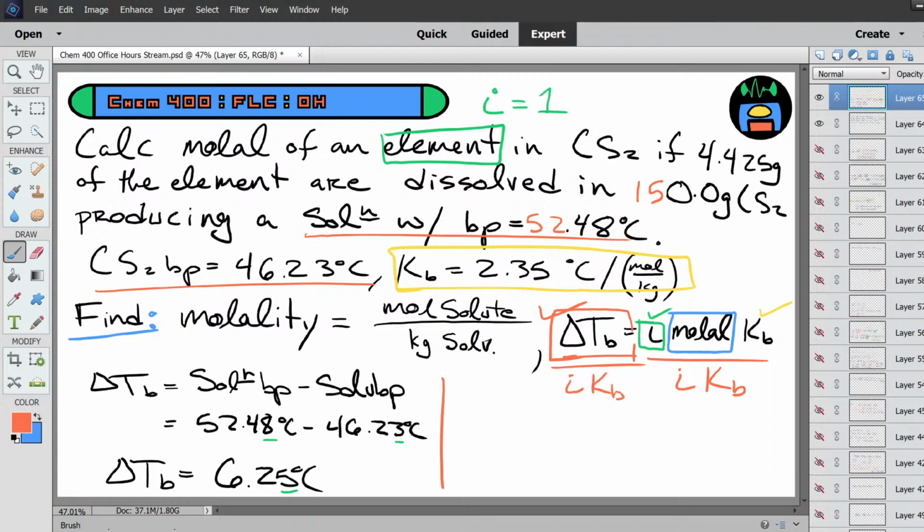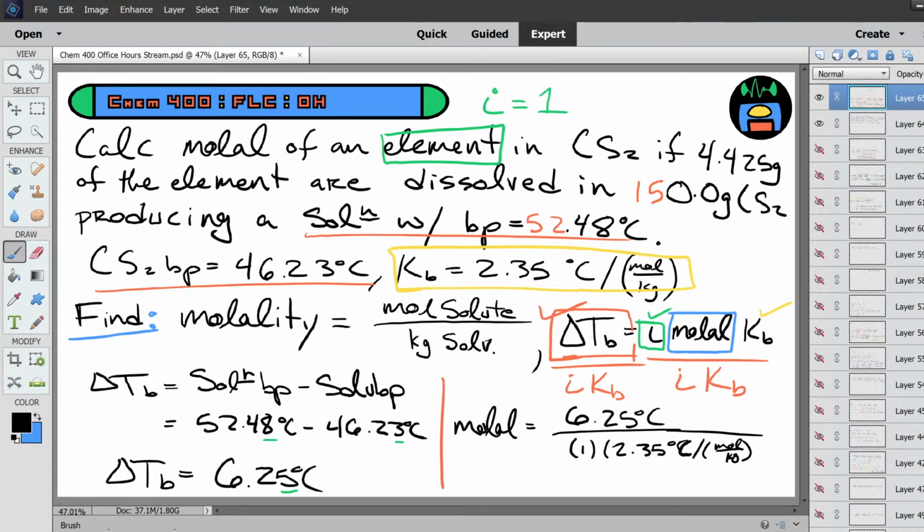Molality is equal to the change in boiling point, 6.25 degrees C, over our Van't Hoff factor, which is 1, and 2.35 degrees Celsius per mole per kilogram.